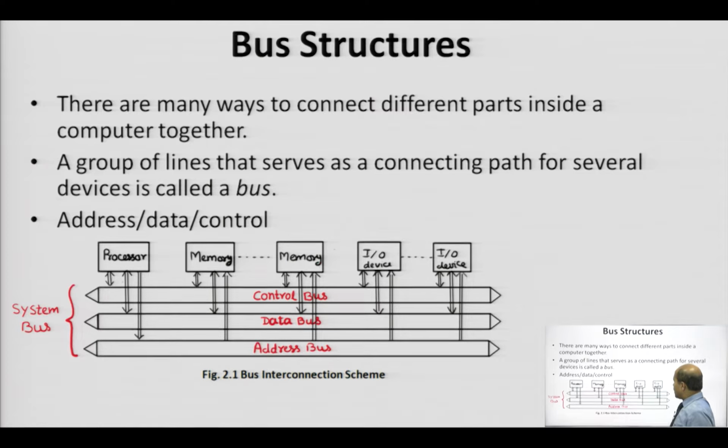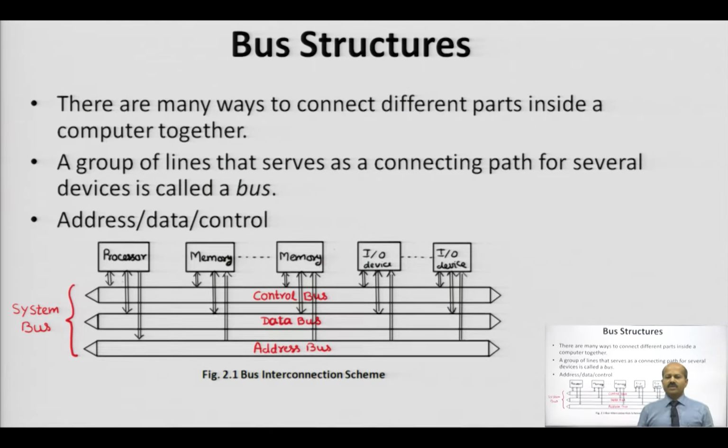The second category is the data bus. This bus is used to transfer the data or instruction or operand or any result, or processed data. These can be transferred through the data bus. And the last category is the address bus.